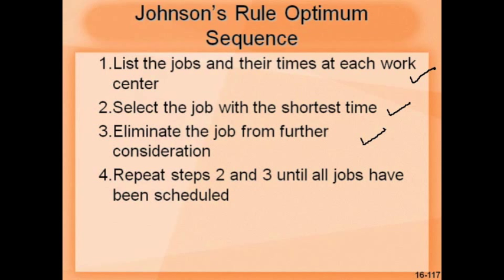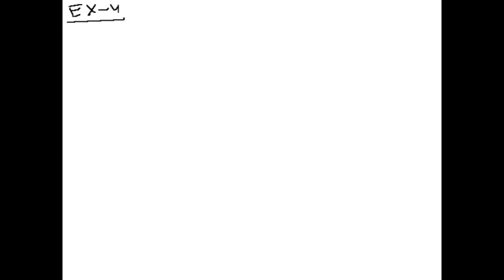So let's look at example number 4. This is the information given. We have the jobs that need to be done, and then we have work center 1 and work center 2, and these are your processing times, how much time each job is going to take.